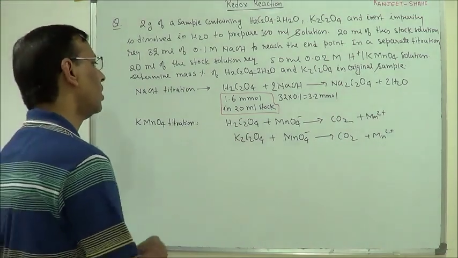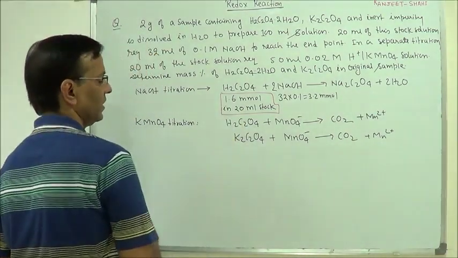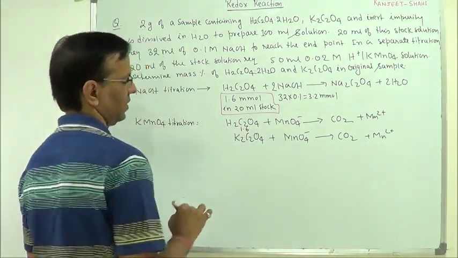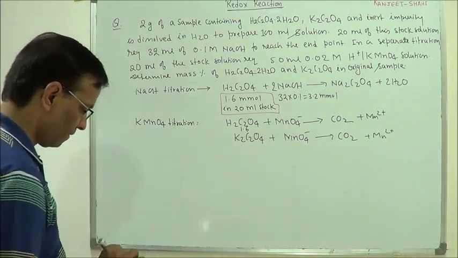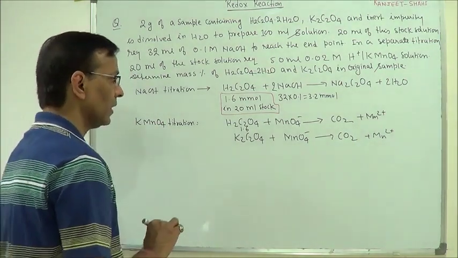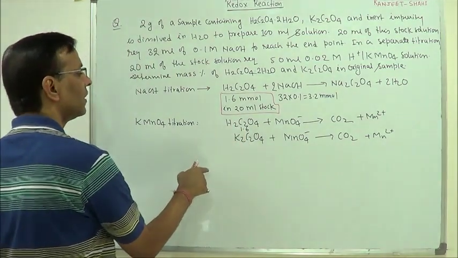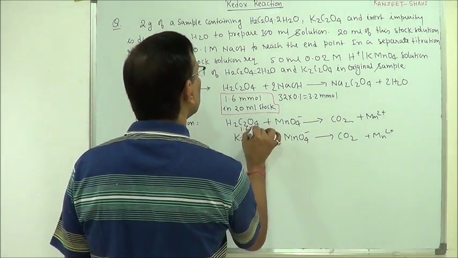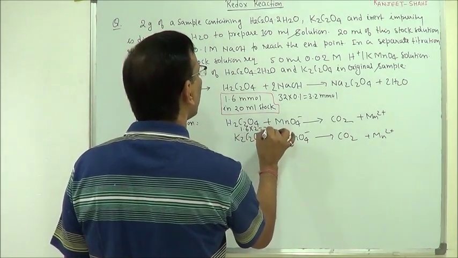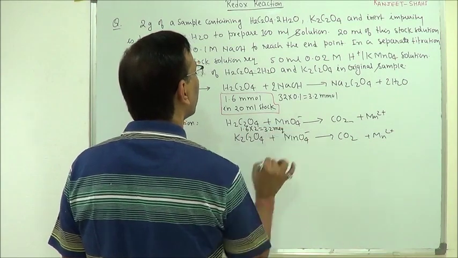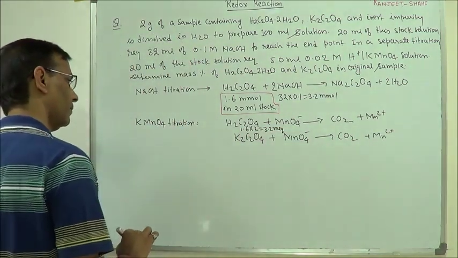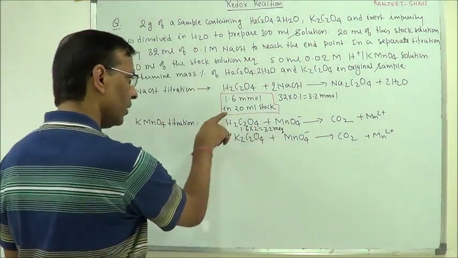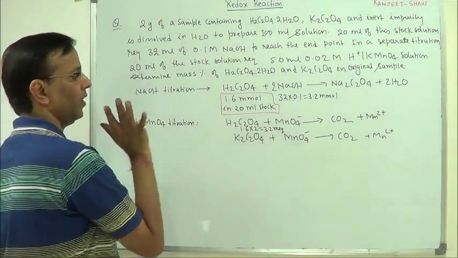And oxalic acid millimole is 1.6. As a reducing agent, the N factor of oxalic acid is 2. So 1.6 into 2, 3.2 milliequivalent. And milliequivalent of potassium permanganate will be equal to milliequivalent of oxalic acid plus milliequivalent of K2C2O4.